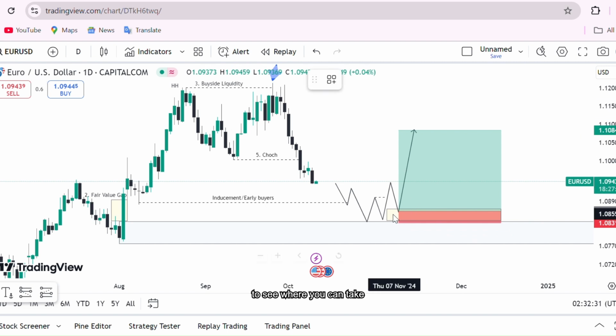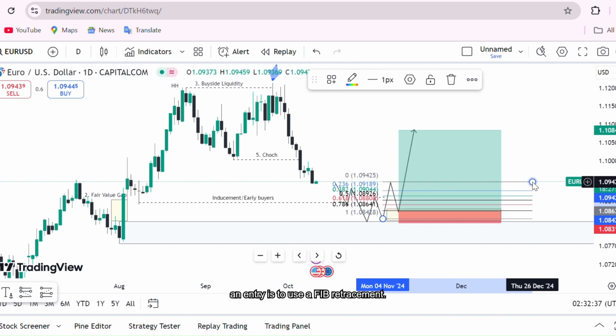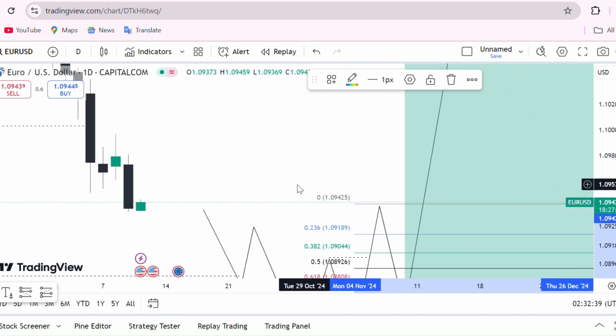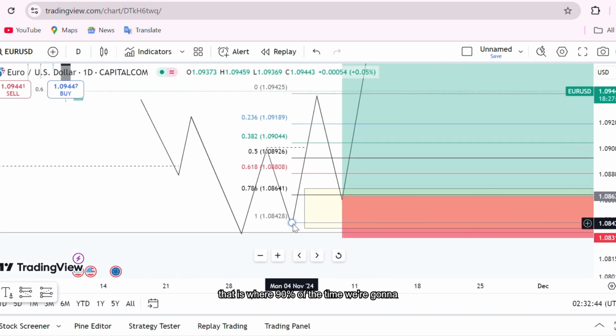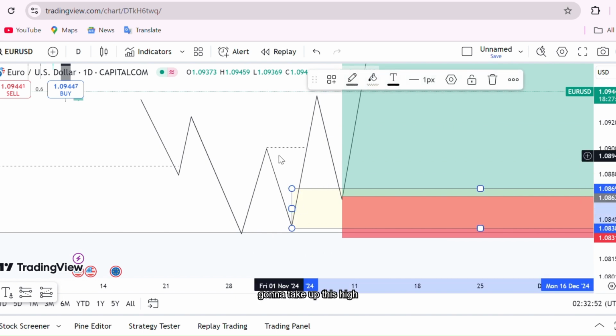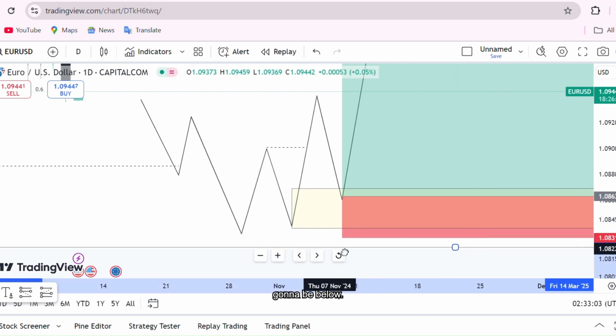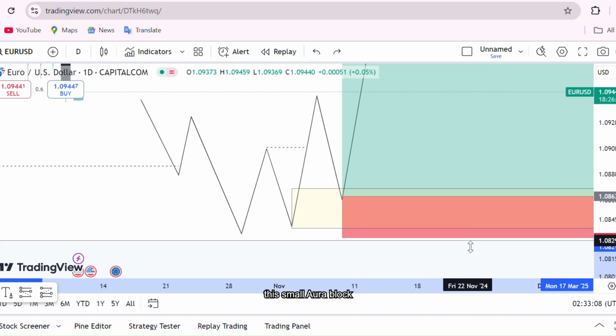The only way to see where you can take an entry is to use a fib retracement, and I always said between 70% and 60%. That is where 90% of the time we're going to take a trade, right? So after forming an order block, we're going to take out this high and have a change of character, and the market is going to retrace back to the order block. That's where we take an entry, and our stop loss is just going to be below this small order block.